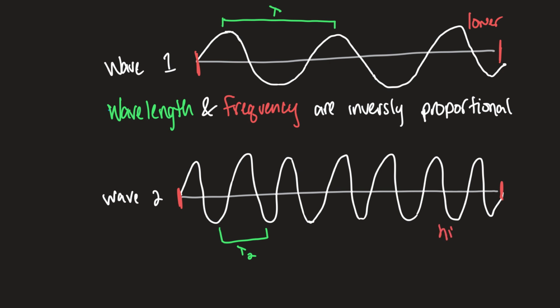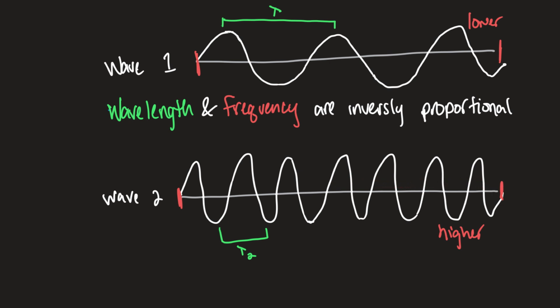Remember, frequency is the number of waves that pass per unit time. We're assuming wave one and wave two are in the same unit of time. So we got fewer waves in wave one, so it has a lower frequency versus wave two. There are more waves, so there's a higher frequency there.